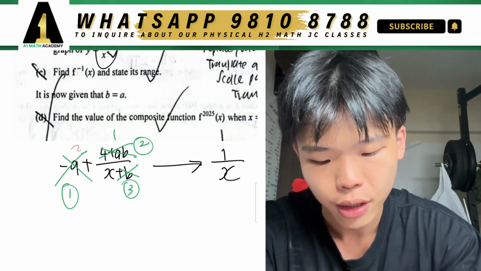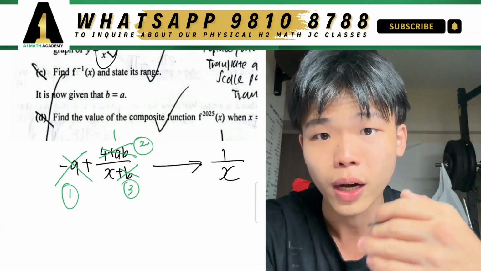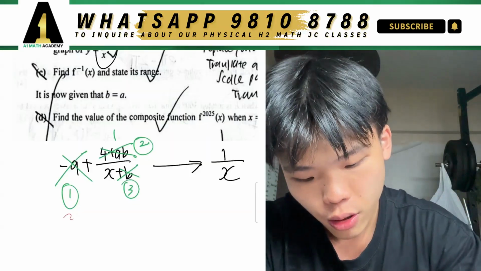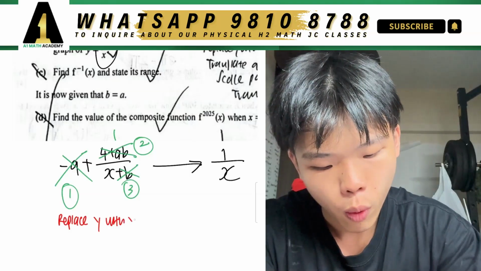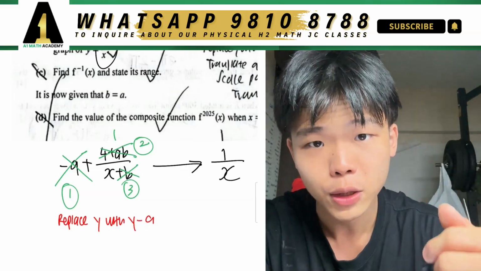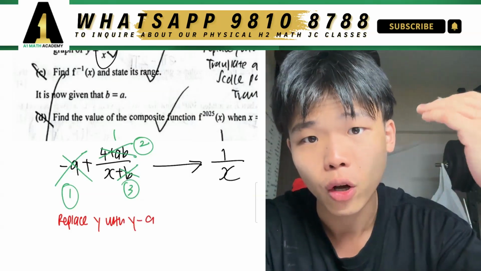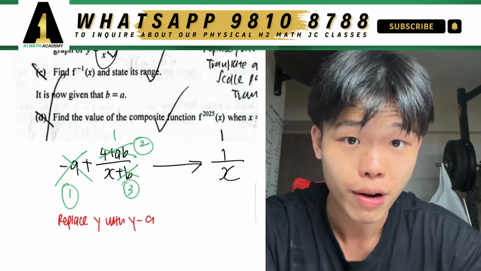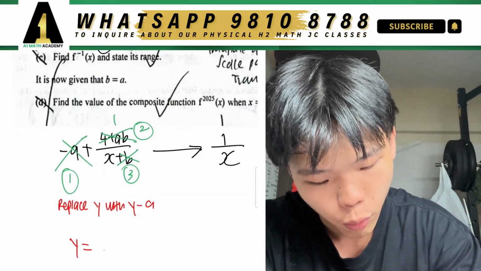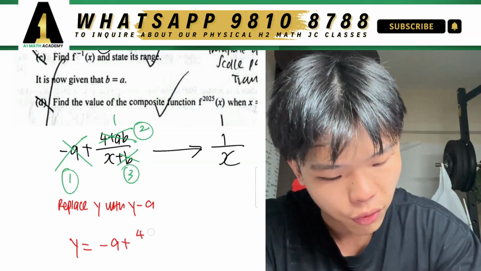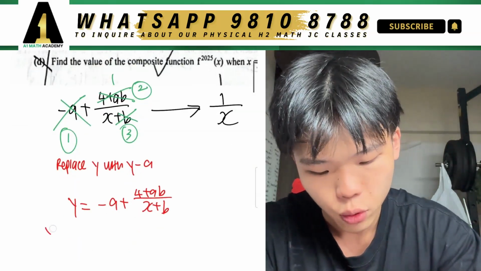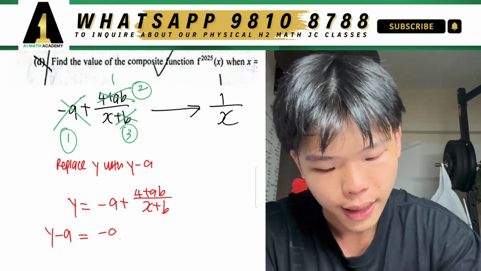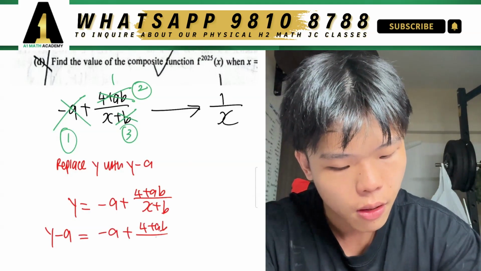So how do I get rid of the first one? To get rid of the first one, you are essentially replacing y with y minus a, right? Because when you replace y with y minus a, the minus a on the left side will cancel out the minus a on the right side, right? Because now essentially you have y equals to minus a plus (4 plus ab) over (x plus b). And then when you replace y with y minus a, you get y minus a equals to minus a plus (4 plus ab) over (x plus b).